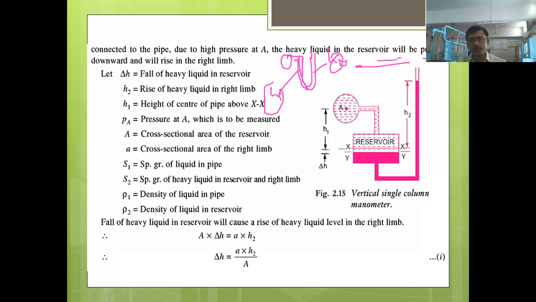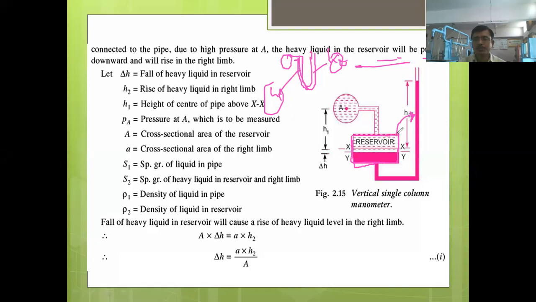So scientists thought about this, and they modified the simple U-tube manometer. On the left limb, they put a larger size reservoir having a very large cross section area as compared to the cross section area of the right limb of the manometer.